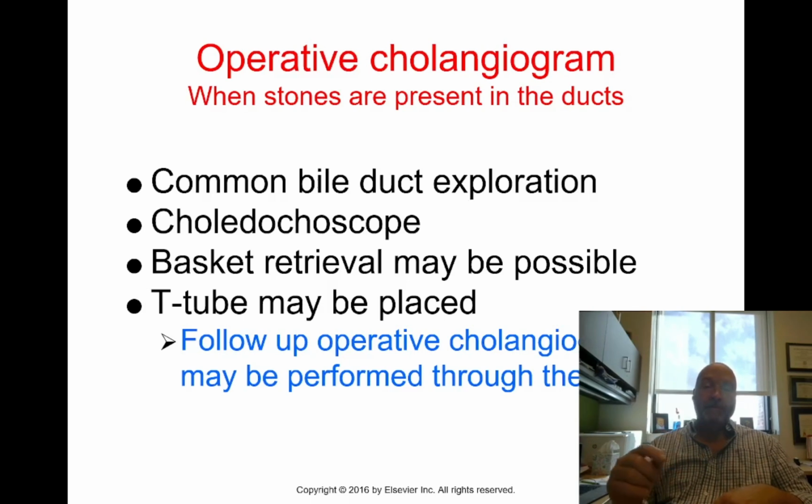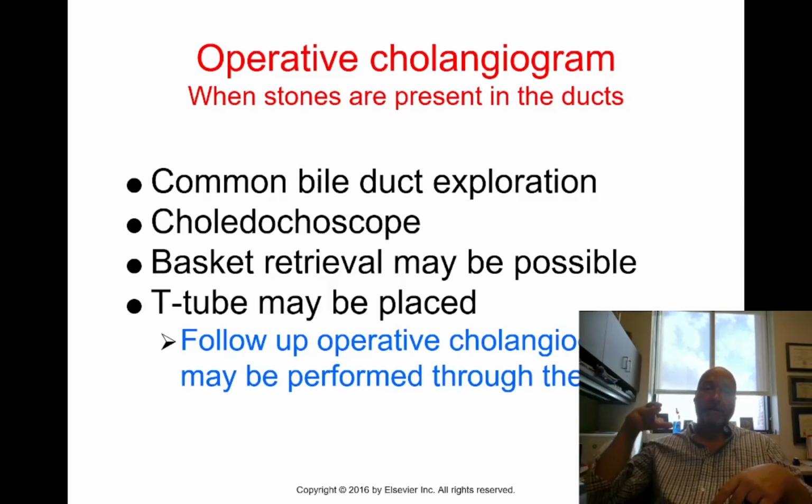So if they demonstrate that they've still got stones in place, then they might do a common bile duct exploration with a choledocoscope, and they might do a basket retrieval. A basket sounds kind of complicated, but really they'll take this wire, it just looks like a solid wire, and they'll put it inside of the patient, but it's not really a solid wire.